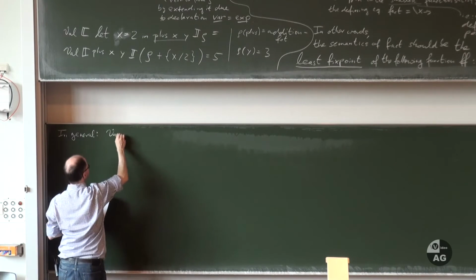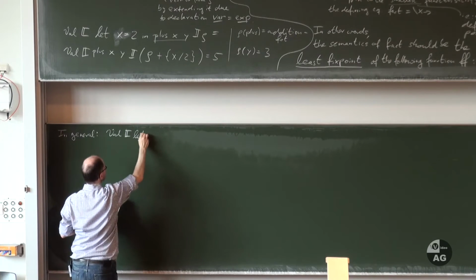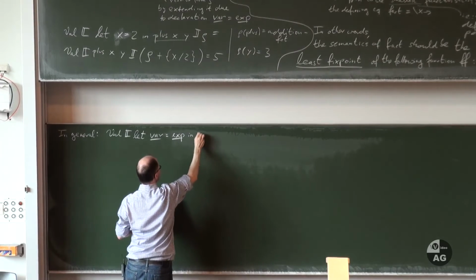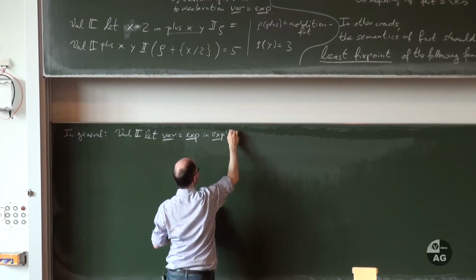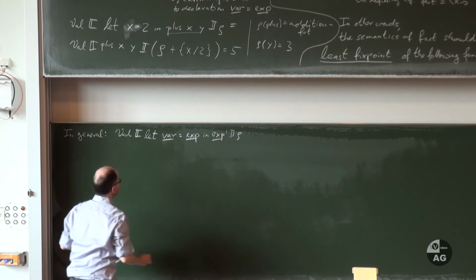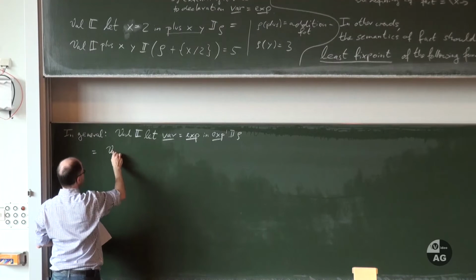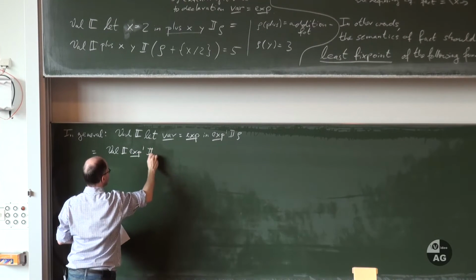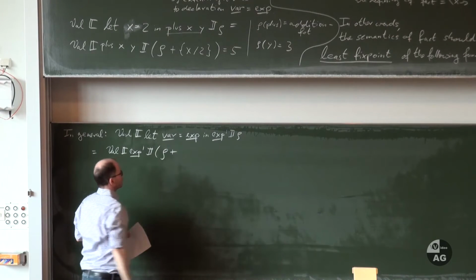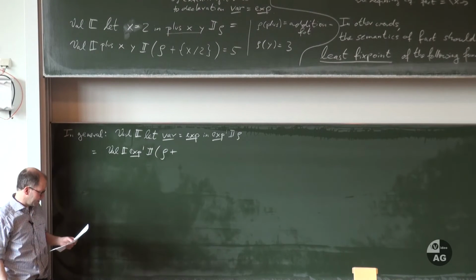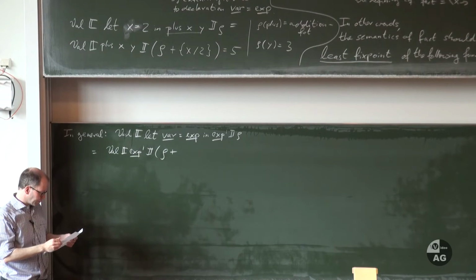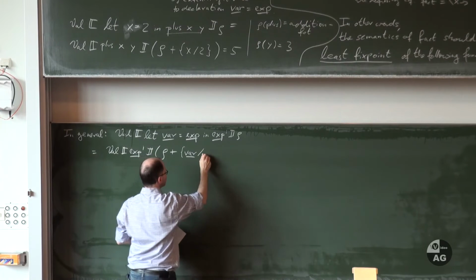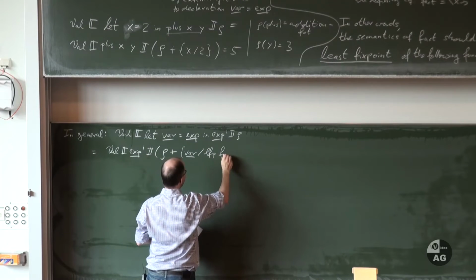Well, we want to define the semantics of such a let expression. Let var equals exp in x prime in some environment rho. So the semantics of this will be the semantics of x prime in some environment which results from rho, but we modify it for var. And now var should be interpreted as the least fixed point of some function f.